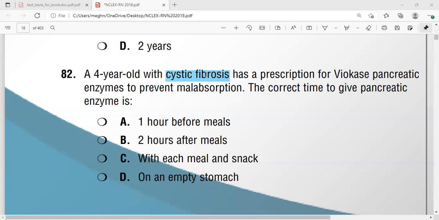Men may develop infertility. Repeated lung infections are common, along with foul-smelling, greasy stool, poor growth, or low body weight although with a good appetite.